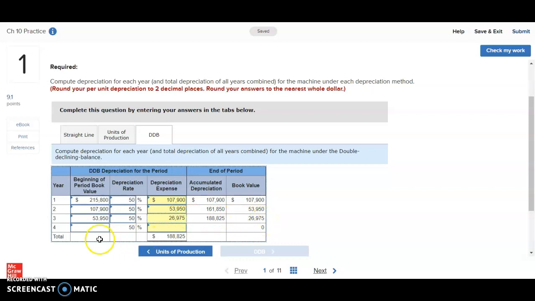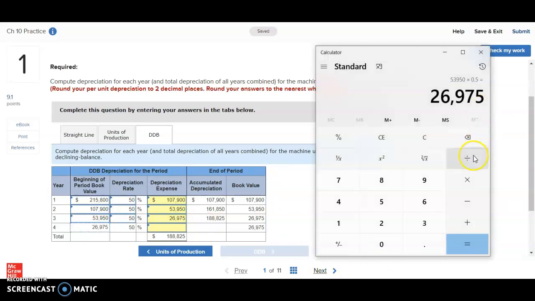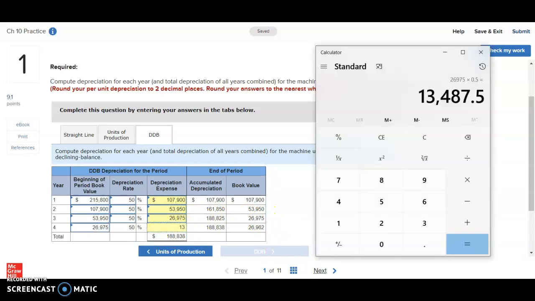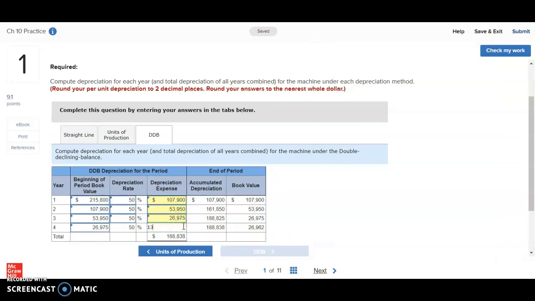Now year 4, that's where we get to a different place, because normally we would calculate that 50%. Let's see what that comes out to. It's going to be $13,487.50. Let's plug that in and I'll show you what it does.